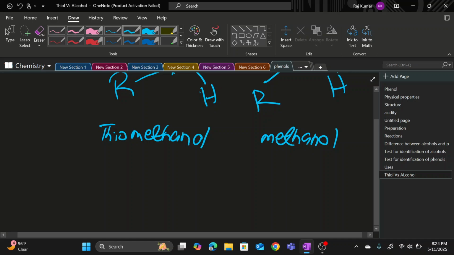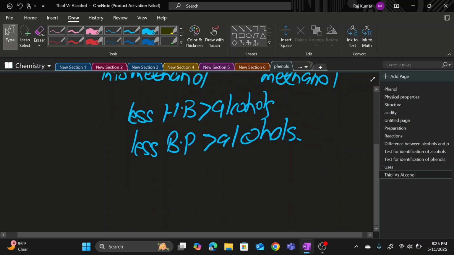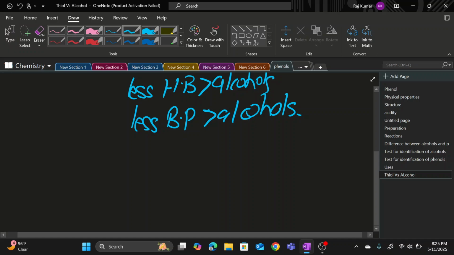the thiol group has less hydrogen bonding than alcohols. It has a lower boiling point and melting point than alcohol. And why is that so? That is because of the large size of sulfur.